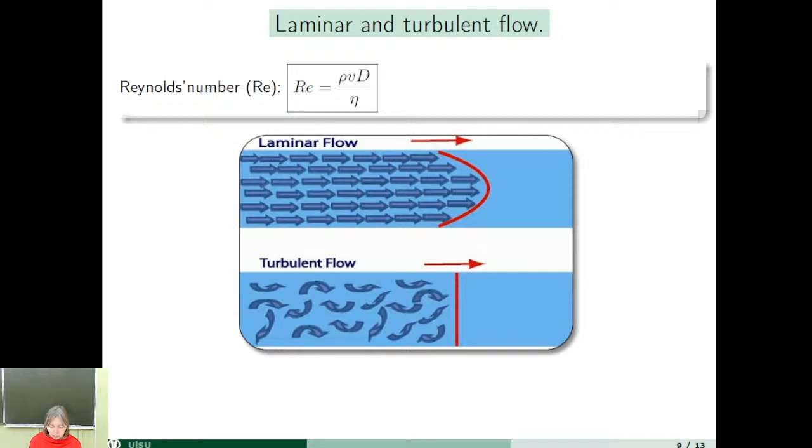The transition from laminar flow into turbulent one depends on the value of a dimensionless quantity called the Reynolds number. Look at this expression in a box, where V is the average velocity of flow, D is the diameter of the tube, rho is the density of the fluid, and eta is the dynamic viscosity of the fluid.